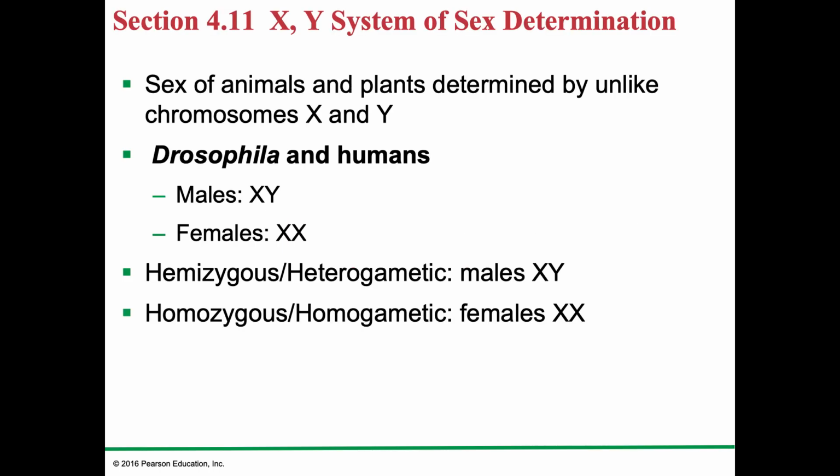So in plants and animals, usually the sex of the individual is determined by a pair of chromosomes called the sex chromosomes.